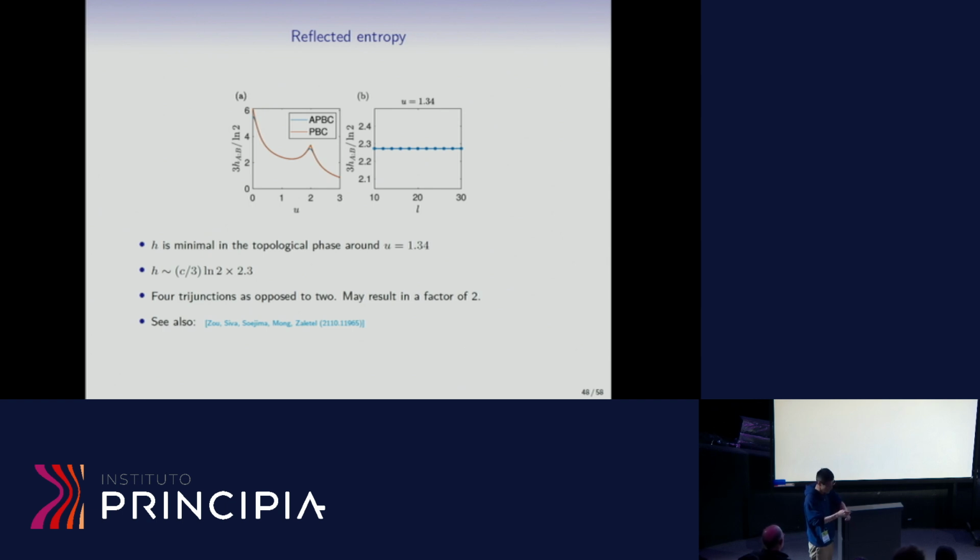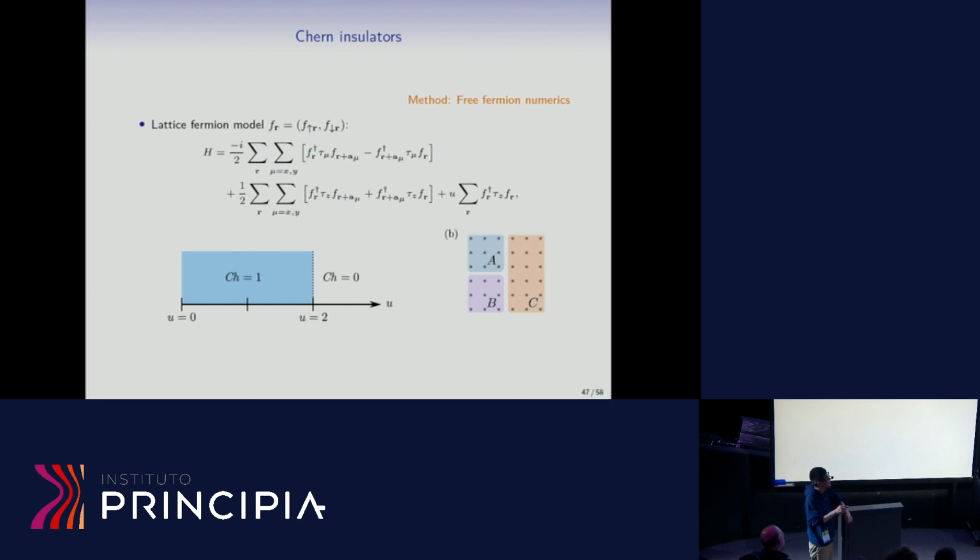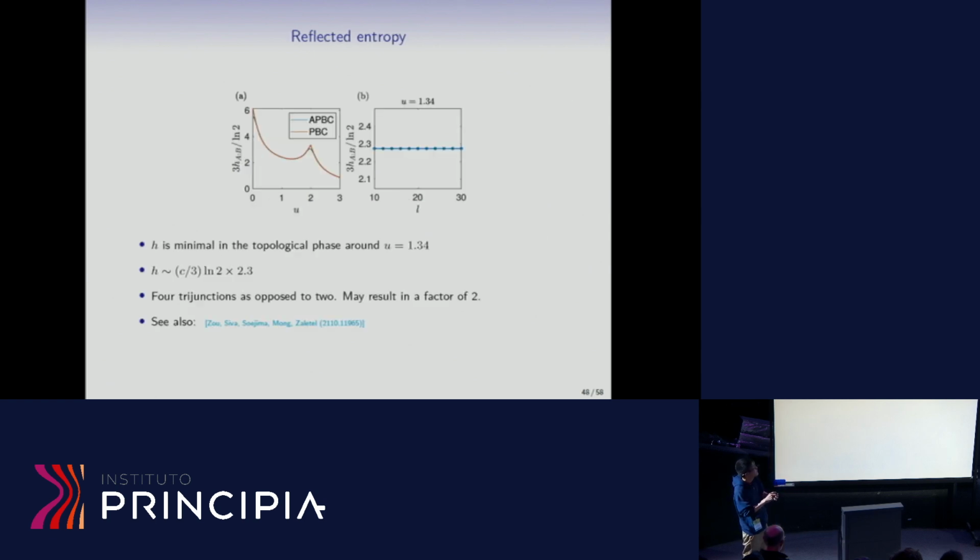But in the lattice geometry, because of periodic boundary conditions, the number of trijunctions on this geometry is twice as large as in the continuum. So the factor of 2 may be just explained by the number of trijunctions. But if you take into account that factor of 2, it's C over 3 log 2.